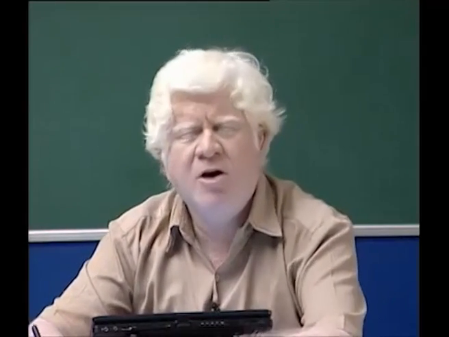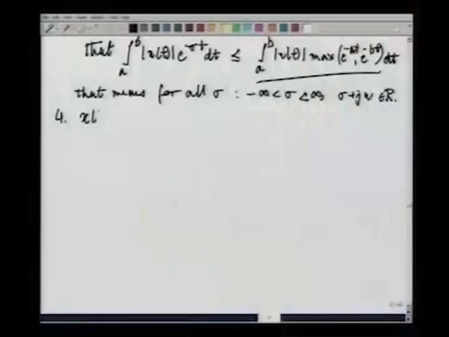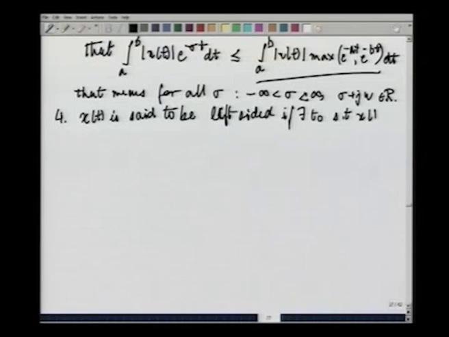A one-sided signal can be either left-sided or right-sided, and you will recall the definition of one-sided signals from previous discussions in this course. x t is said to be left-sided if there exists t 0 such that x t equals 0 for all t greater than t 0.